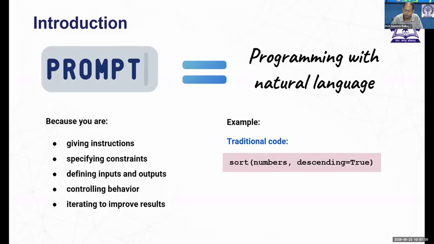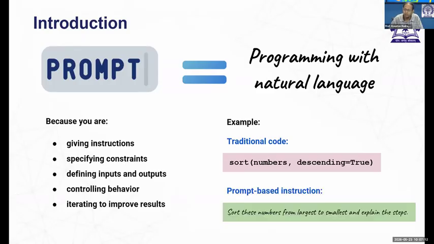We have to pass the numbers, and the way we want to sort, either descending or ascending order. Now, if we do it using the LLM and prompting techniques, it is simple natural language text. You can tell it, okay, sort these numbers from largest to smallest and explain the steps.